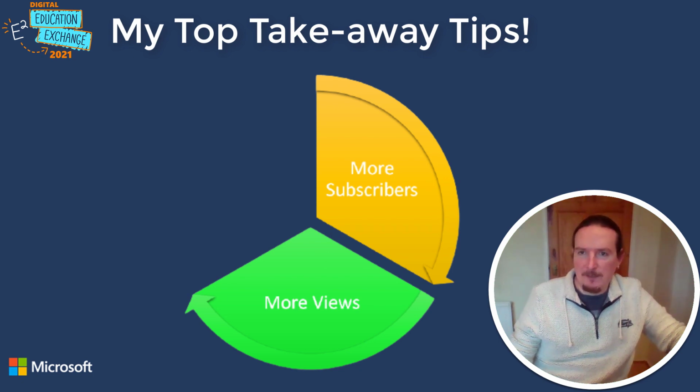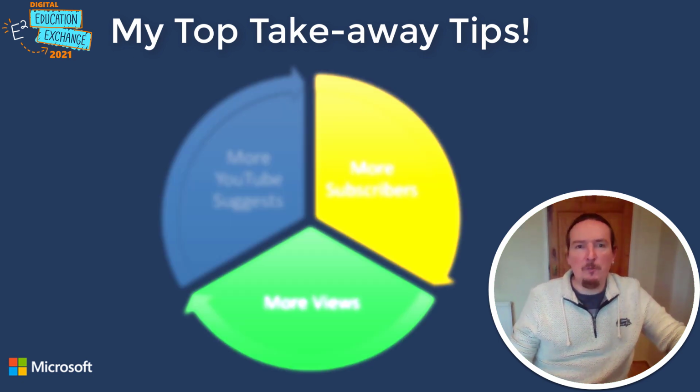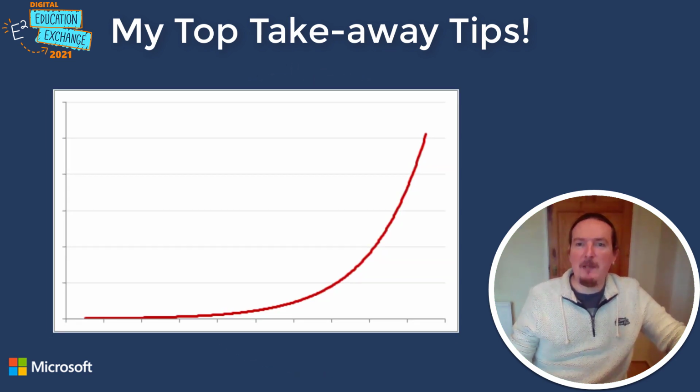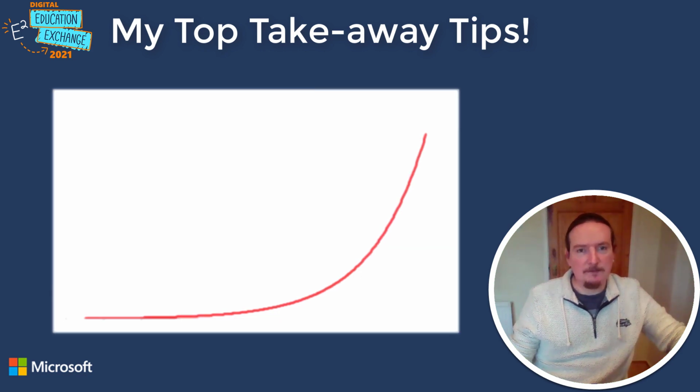The more views your videos get, the more YouTube will suggest your videos to other viewers. The more YouTube suggests your videos to other viewers, the more subscribers you will gain. This virtuous circle sounds great, and it is once you're established, but it really sucks when you're just starting out. Be patient and remember that building a YouTube channel is a marathon and not a sprint.